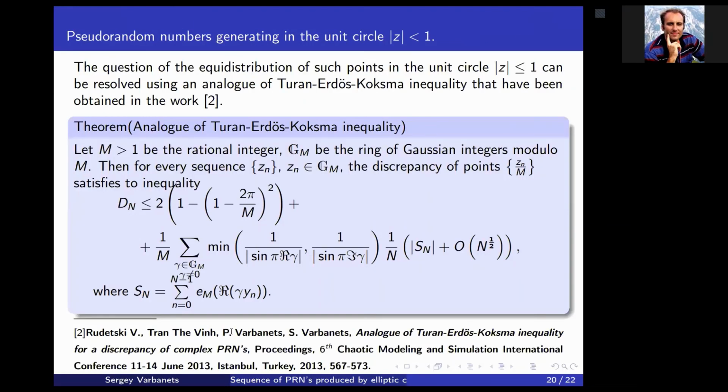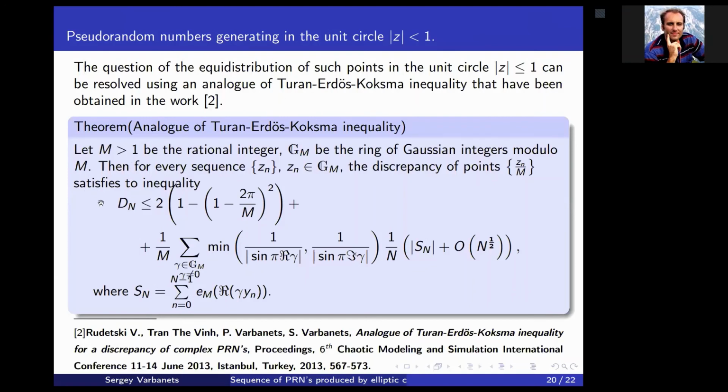The question of equidistribution of such points in the unit circle can be resolved using an analog of the Turán–Erdős–Koksma inequality that has been obtained in our work, presented below.